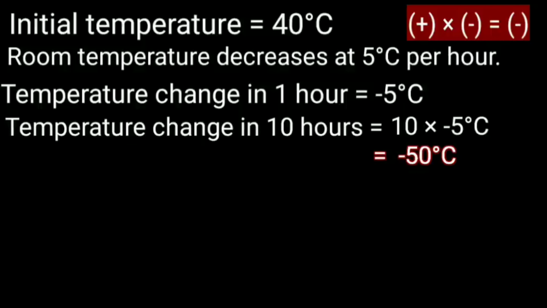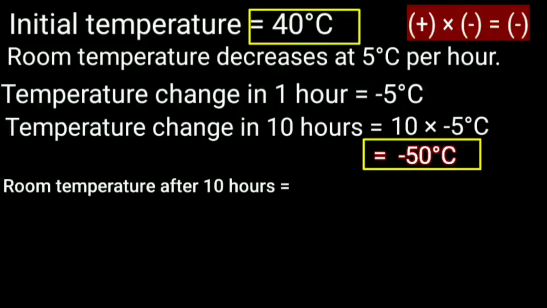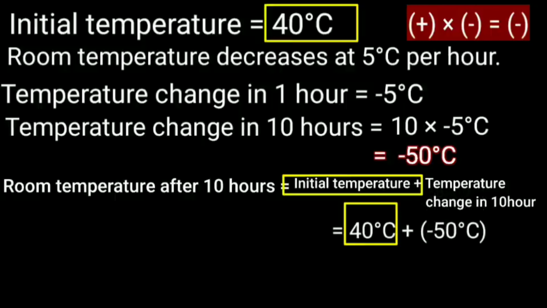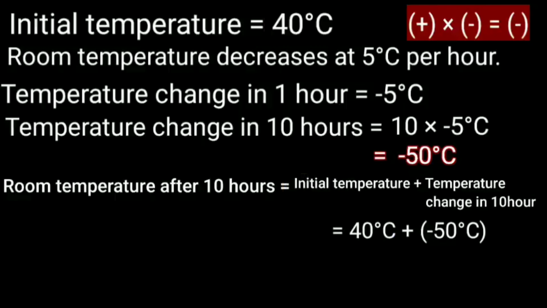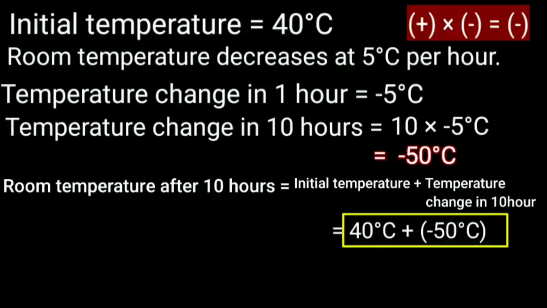Now, to find the room temperature after 10 hours, we have to add the initial temperature and temperature change in 10 hours. Therefore, room temperature after 10 hours is equal to initial temperature plus temperature change in 10 hours. So, initial temperature is 40 degrees Celsius plus temperature change in 10 hours is minus 50 degrees Celsius. 40 degrees Celsius plus minus 50 degrees Celsius.